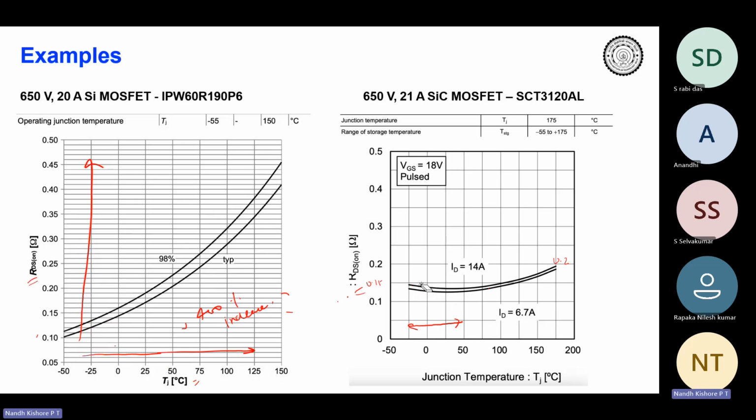You see that the resistance decreases, and then it continues to increase. So for smaller temperatures, in SiC devices you get a negative temperature coefficient of resistance. Over here, it is completely a positive temperature coefficient of resistance.